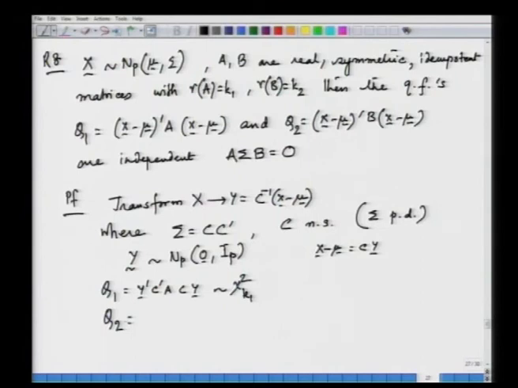What about Q2? This is y transpose C transpose B C y, and this follows again, because B is idempotent with rank equal to K2, a central chi-square with K2 degrees of freedom, in the situation where I have sigma as identity matrix.